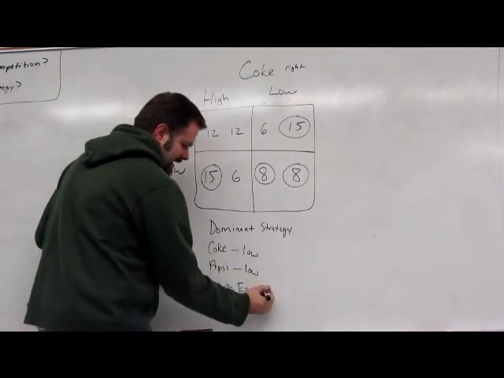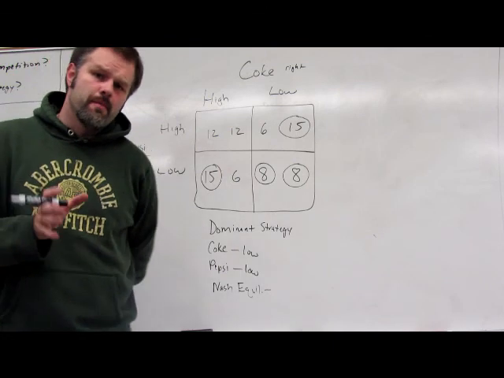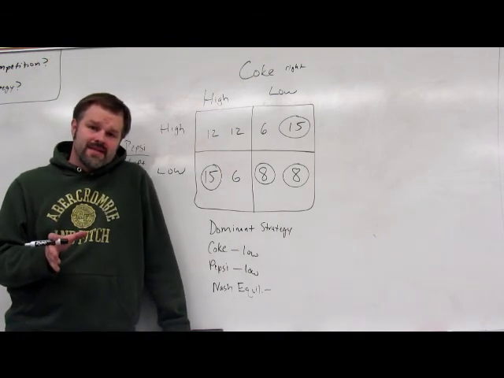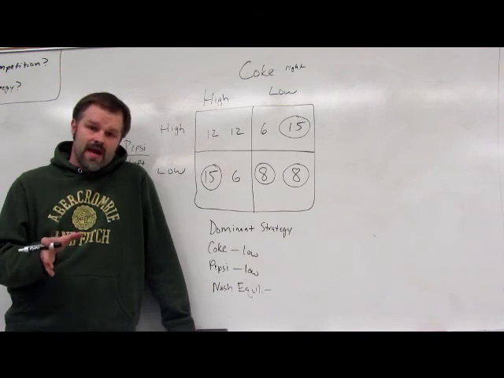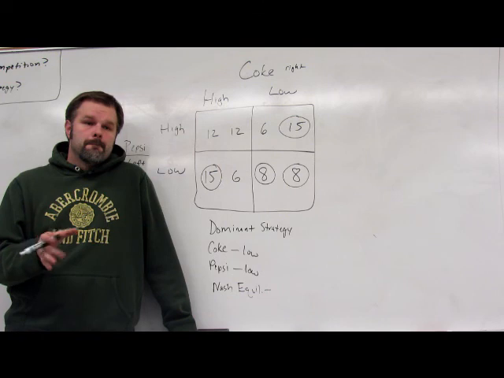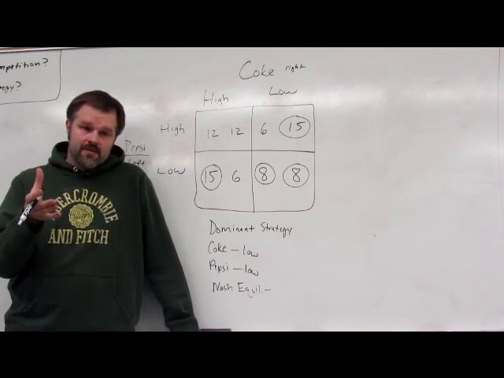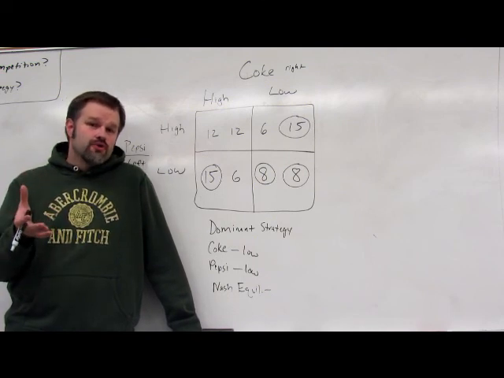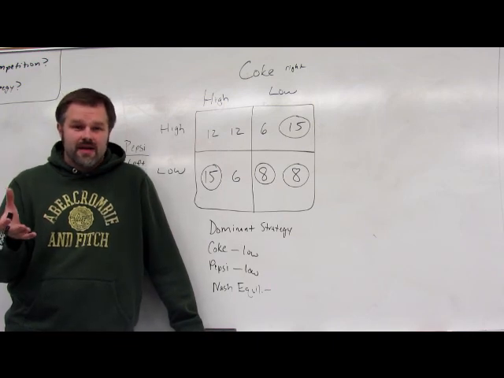Now the last thing here is this Nash equilibrium. A Nash equilibrium basically means that a firm has no incentive to cheat. They will stay in that spot no matter what happens. Can there be a Nash equilibrium without a dominant strategy? Technically, yes. Usually you will see it if there's a dominant strategy, but not always.